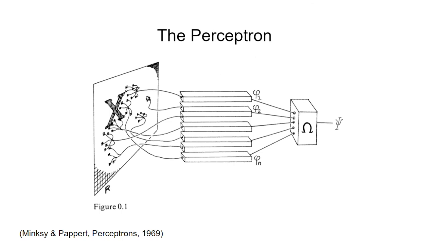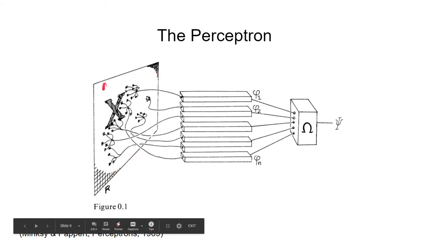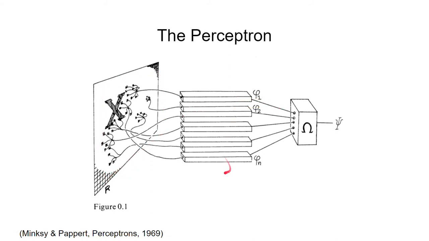This is a slightly different diagram with that same idea. Input image, and in this particular case, instead of recognizing pictures of cats, this is recognizing the letter X. We have this layer of things that are extracting some sort of features from the raw data coming in. That's the same on this diagram.